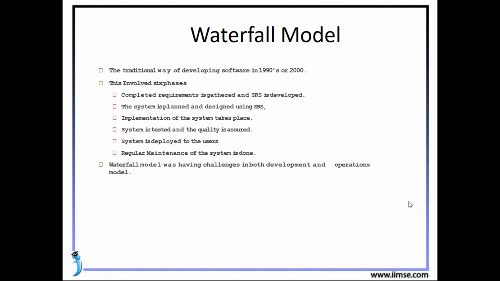During that time nothing else was happening, so the other teams were sitting idle or doing other work, and they normally had no clue what was happening. Then the system was planned and designed according to whatever was written in the SRS.